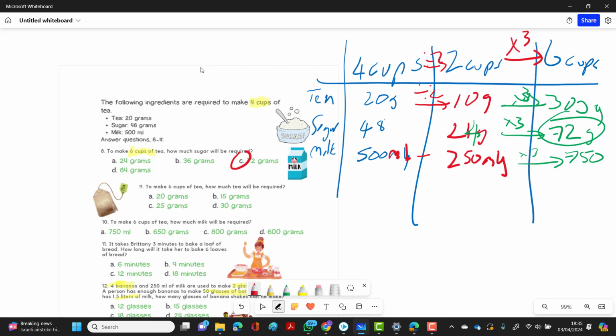Well, tea is this one here. This should be 30, so 9 is E. Number 10: 6 cups of tea, how much milk will be required? 750. So 10 will be B. Okay, that's good.